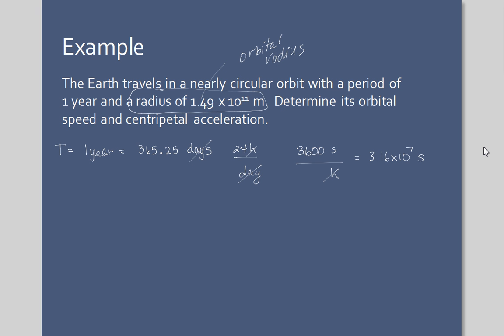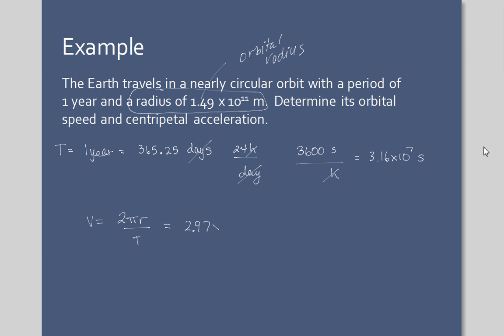You can make an approximation. So v would equal 2 pi r over T. So 2 pi multiplied by that 1.49, and then divided by that last answer. 29,666. So we got 3 significant digits.